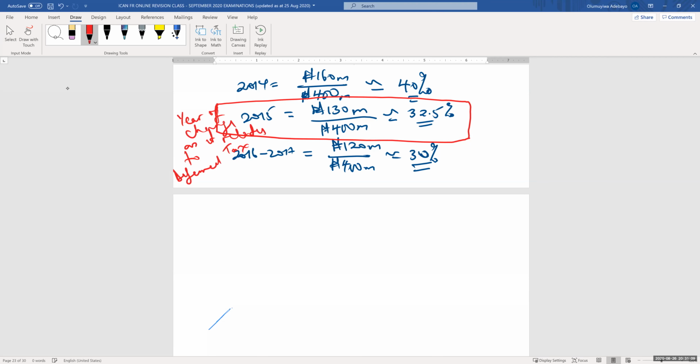As it relates to what? Deferred tax. Now, you could see that 30% is more or less equal to 30% from 2016 henceforth.